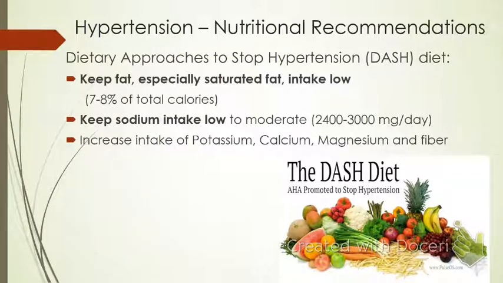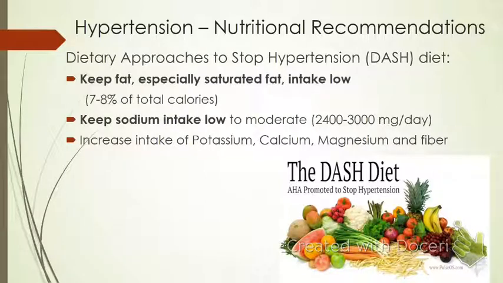This is probably an important slide. They should have their saturated fat intake low. All right. Low saturated fat, low sodium. Not completely low, just start to lower it. As you have other problems going on, you end up with higher sodium restrictions. 2,400 to 3,000 milligrams a day sounds pretty big, considering that some sodium-restricted diets are 1,200 or less.